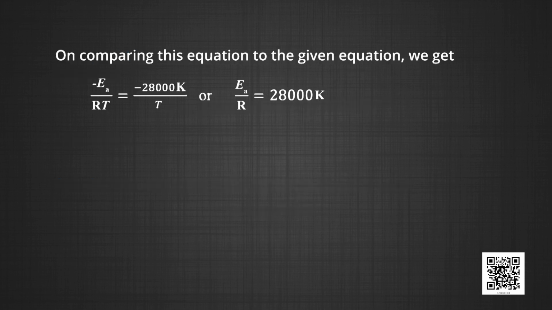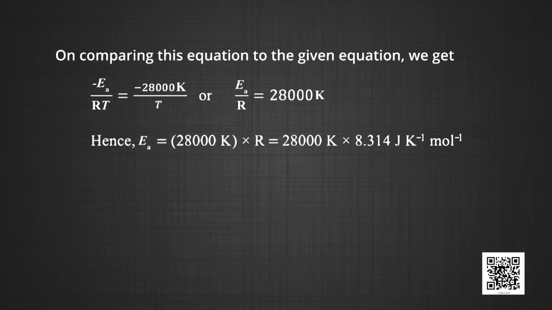On comparing the equation to the given equation, we get minus EA by RT is equals to minus 28000 K by T, or EA by R is equals to 28000 K.